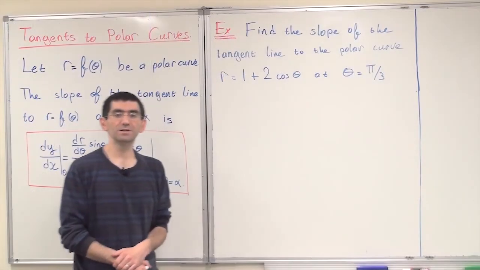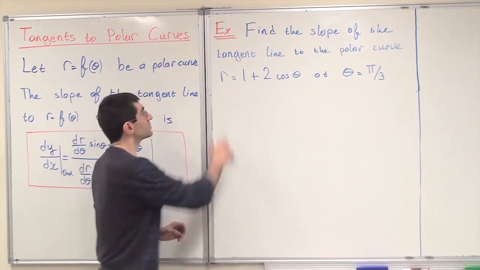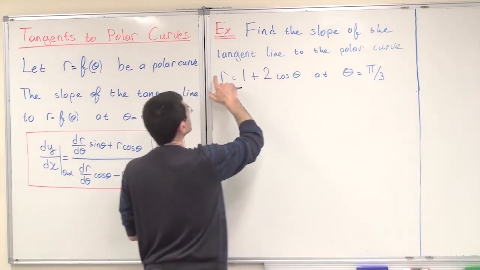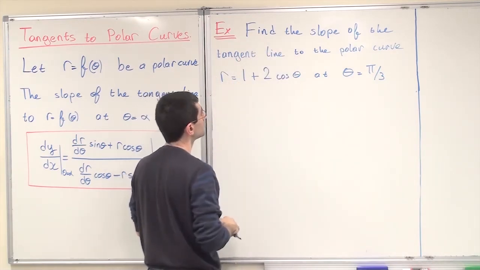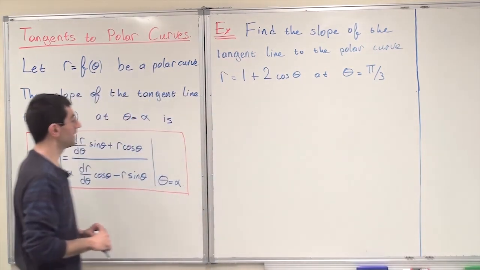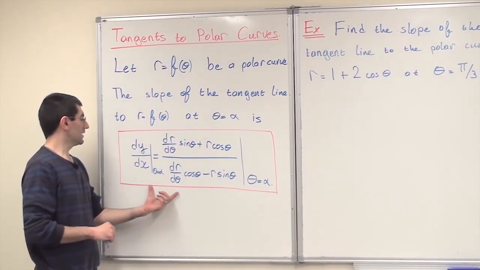As an application to the slope of a tangent line, we are going to solve the following question. We'd like to find the slope of the tangent line to the polar curve r equals 1 plus 2 cosine theta at theta equals pi over 3. So our formula is here.